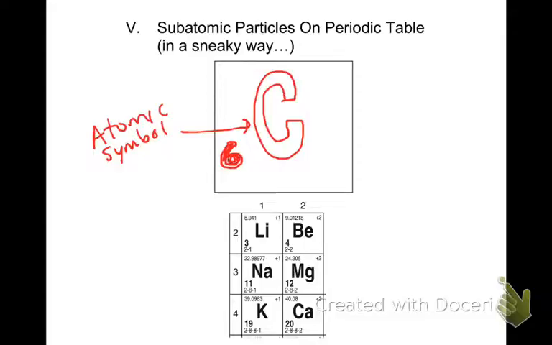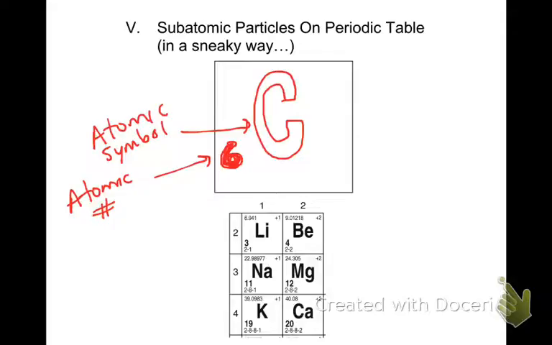Now again, art, coloring, all that stuff, not really my strong suit, but I really tried hard on that. So, what is that big 6? That big 6 is our atomic number. We're going to define atomic number here shortly, but it's actually a very important number. It tells us the number of protons that exist inside of the nucleus of that particular atom.